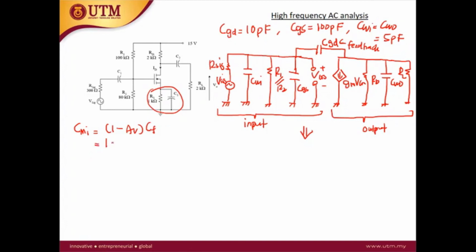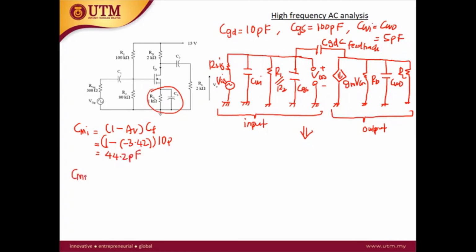So the gain is minus 3.42, and CF, which is CGD, is 10 picofarad. So this is 44.2 picofarad for CMI.